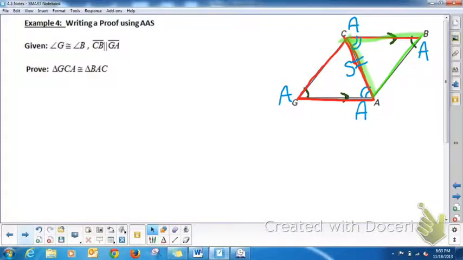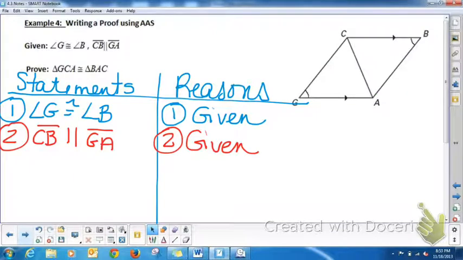Let's write our proof. So the first thing we do is we'll write down our given information. We're given that angle G is congruent to angle B, and we're also given that segment CB is parallel to segment GA. We said because we knew these were parallel lines cut by this transversal CA, we could then go on to say that we know angle BCA is congruent to angle GAC because those are alternate interior angles.